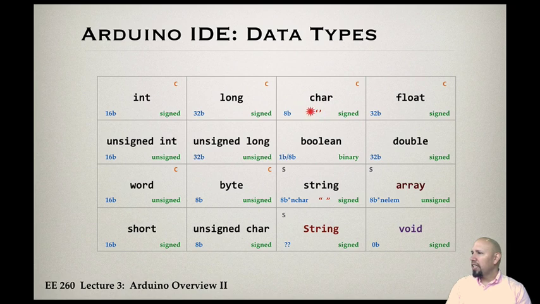If you define something as a character, you need to define it in single quotes. If you define something as a string, you need to put double quotes. Okay, so that's what that means. For these data types, these are all basically types of arrays. And so there is a command called sizeOf that will return the size of that array.